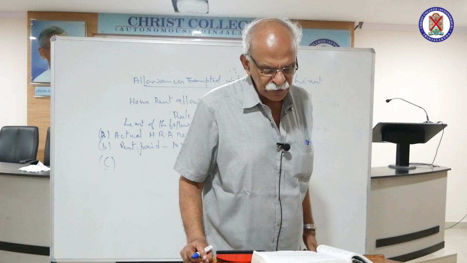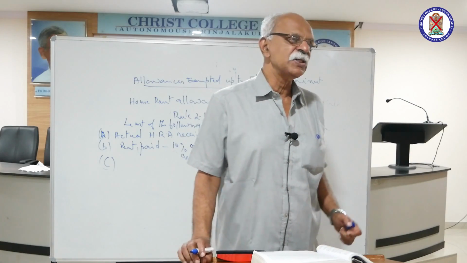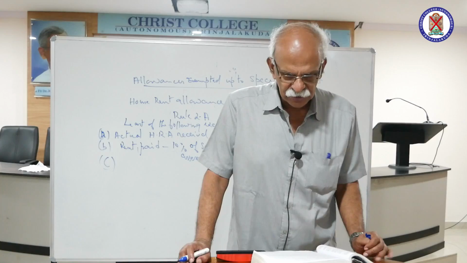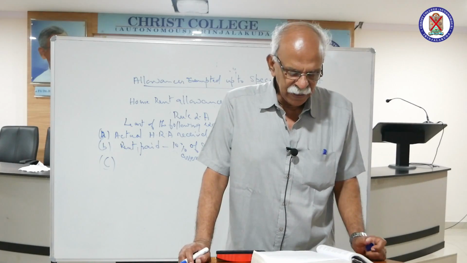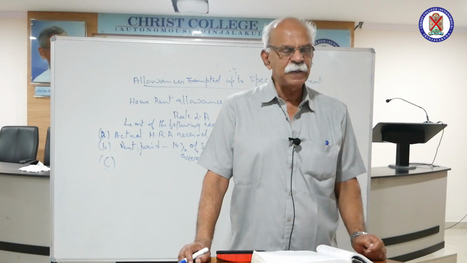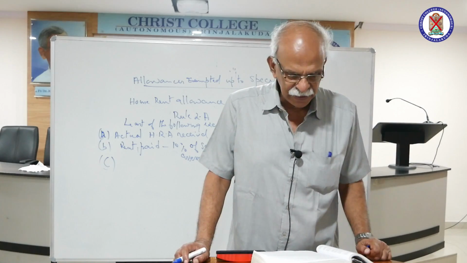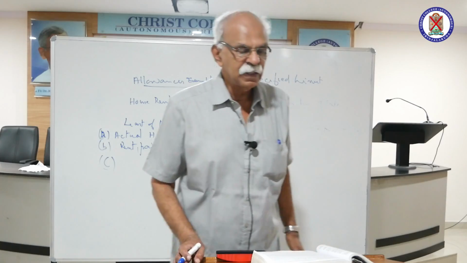C. 1/2 of salary due to the assessee if the accommodation is located in Delhi, Mumbai, Kolkata or Chennai. If the accommodation is situated at any other place, it is 2/5 of the salary due to the assessee.